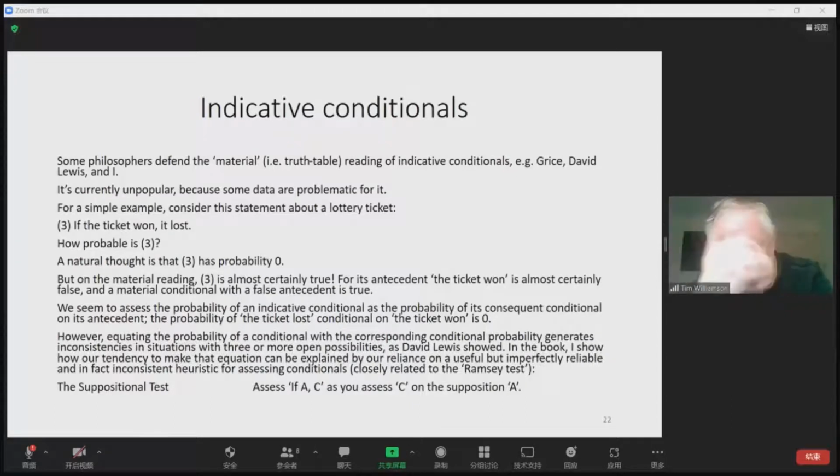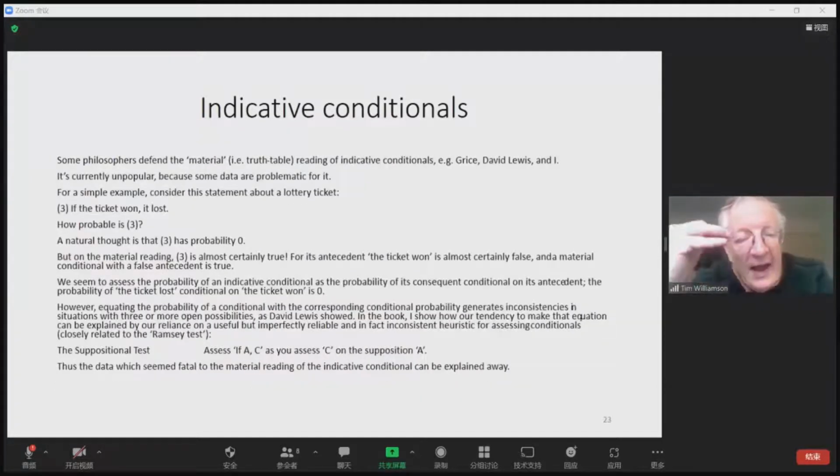Is it true? Is it false? Is it probable? Is it improbable? And then you make an assessment on the supposition, but then you transfer that assessment outside the supposition and make it an assessment of the conditional if A then C. And I think there's a lot of evidence that it's not the only way that we can assess conditionals, but it needs to be something like the basic way of assessing conditionals. So it's a very, very simple rule.